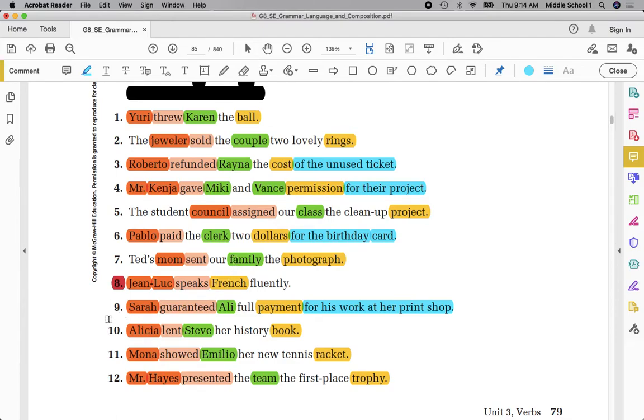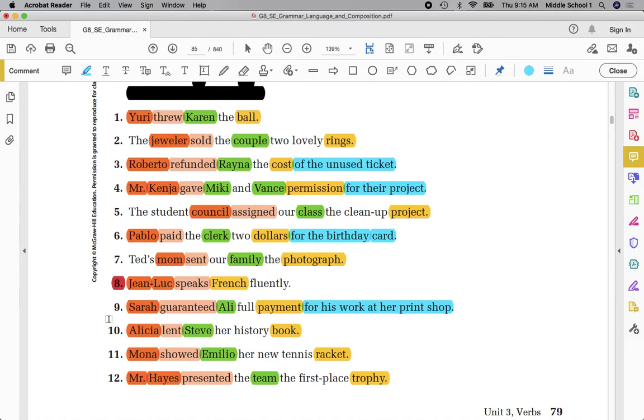Sarah, guaranteed, Ali, payment. For his work at her print shop, the sentence closes with 2 prepositional phrases. Class, notice that we are taking every skill lesson that we've reviewed so far and we're putting it to work in sentence number 9.